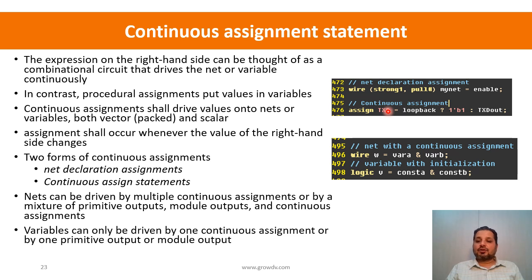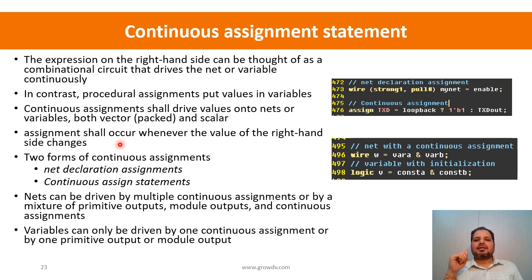In case of a variable, that's what happens when a variable assignment statement executes in the context of procedural assignments: the values of the variables used on the right hand side are sampled, the expression is evaluated, and the value just gets stored. Whereas when a continuous assignment statement gets executed, then as and when the values of these variables change, the expression gets re-evaluated and the updated value gets driven onto this net. So it's happening all the time. That is the main difference.